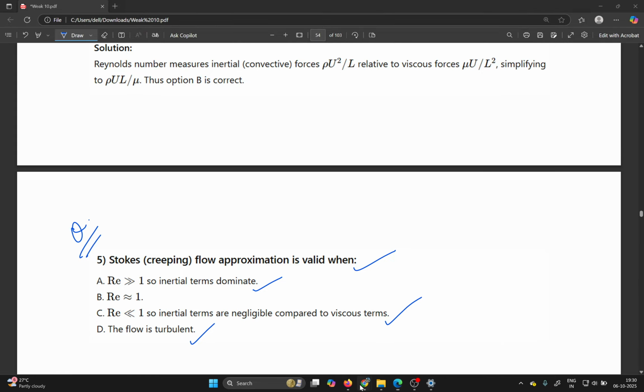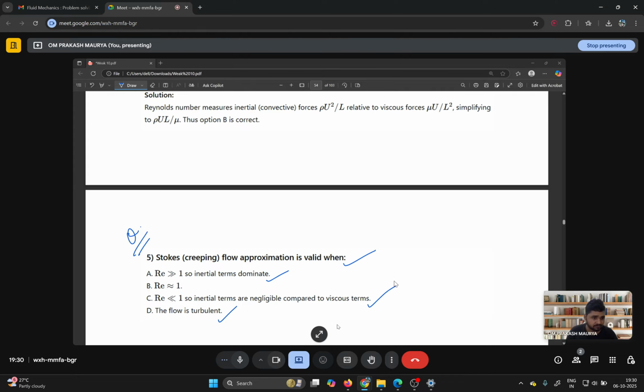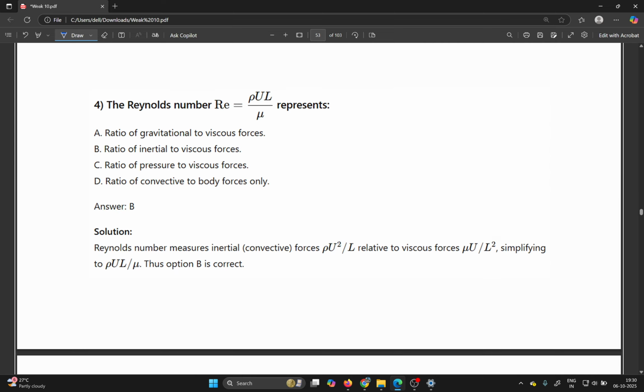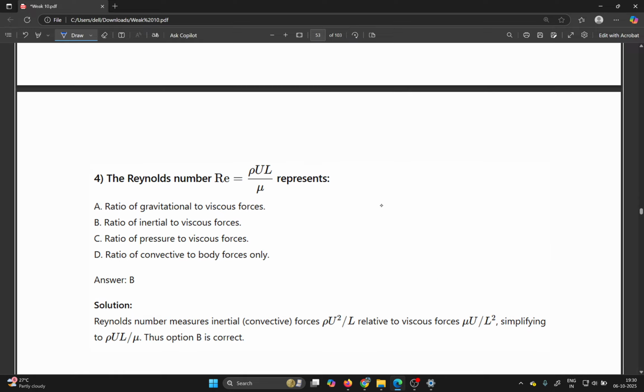Oh, I think no one joined, so let us move directly to the answer. Before moving on to the answer, I want to discuss a little bit here. As you know, in the first question I discussed that Reynolds number is nothing but inertia force by viscous force.